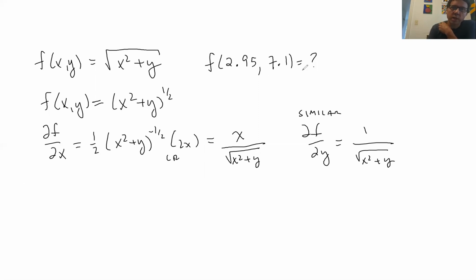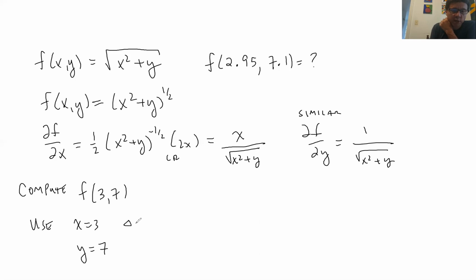So if we want to know the answer, the idea is we compute the function at 3, 7 to start with, using x equals 3, y equals 7 as my start points.